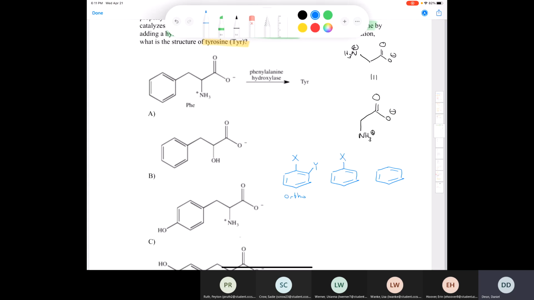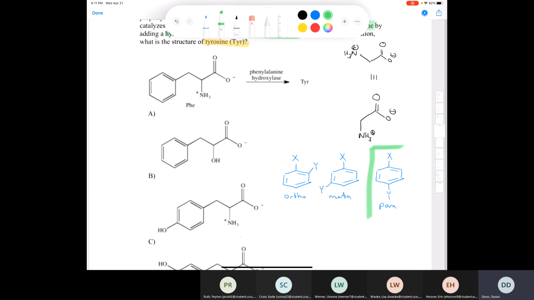If you have a substituent here and another one that's a carbon away from it, like this, we call this meta substitution. And if you have a substituent here and one like this, we call this 1,4 substitution or para substitution.